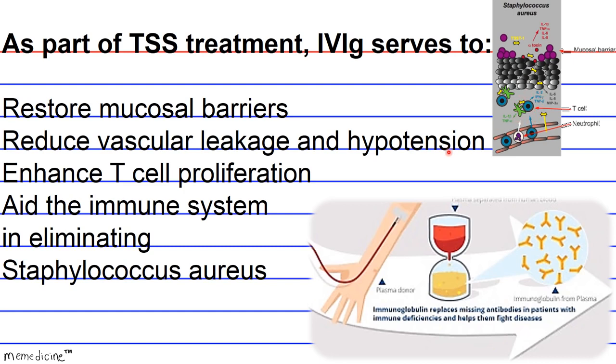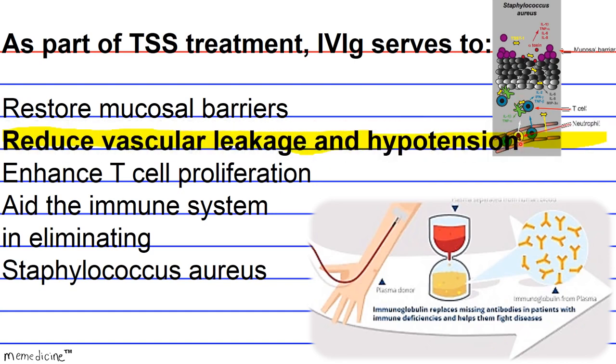If you recall from the passage, IVIG's aim would be to neutralize TSST1, therefore halting the resultant inflammatory cascade shown here that causes vascular leakage, when the neutrophils enter and exit, and the hypotension. All right? Okay.